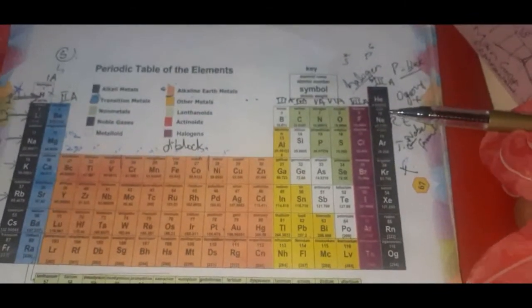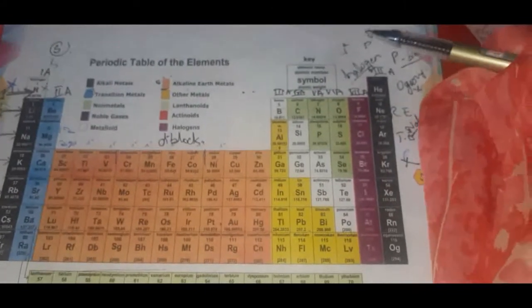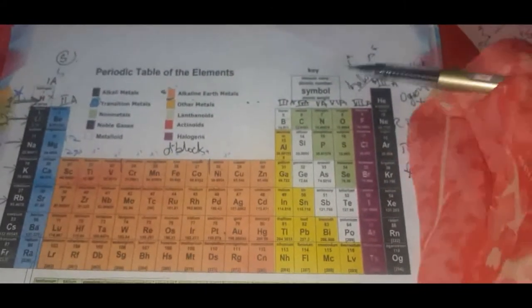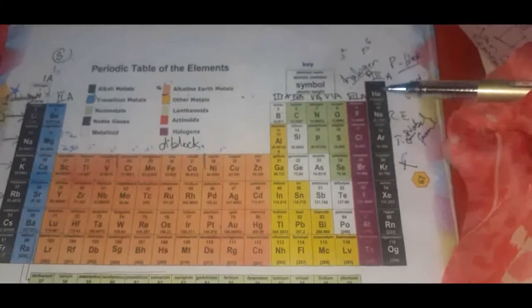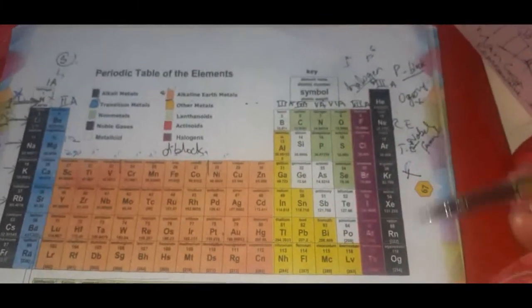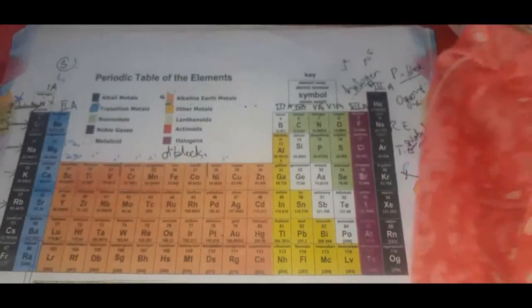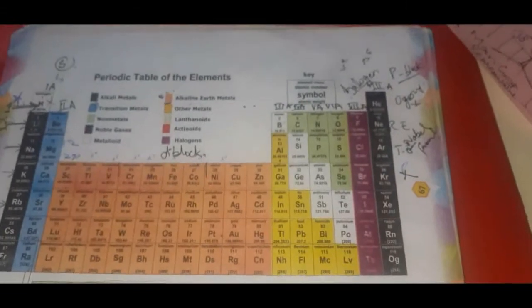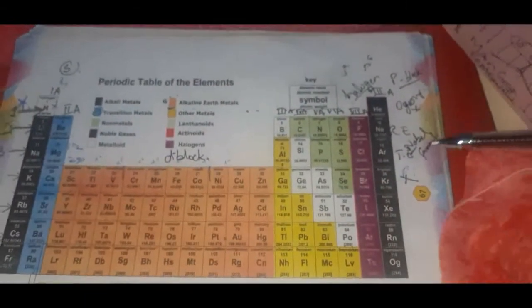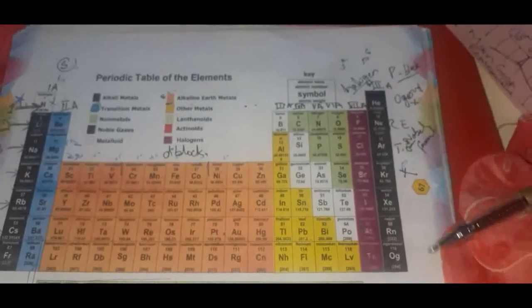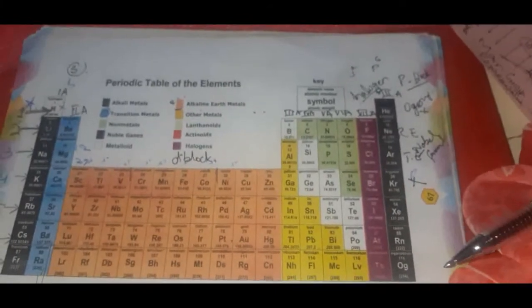Why is that? That is because their outermost shell is filled. All of them have 8 electrons except helium. So as they have 8 electrons, they cannot take or give any other electron. That is why we say that they do not interact with any other element.